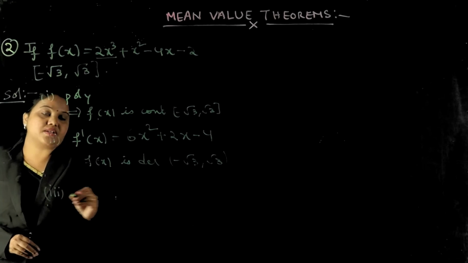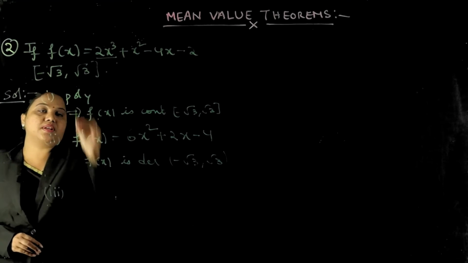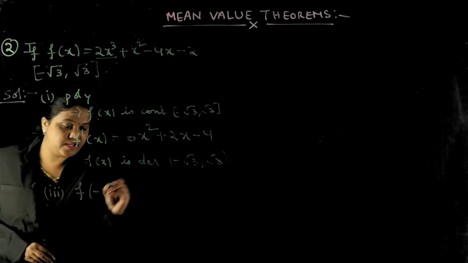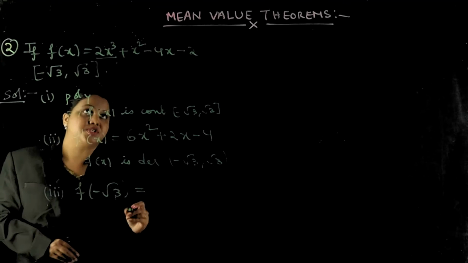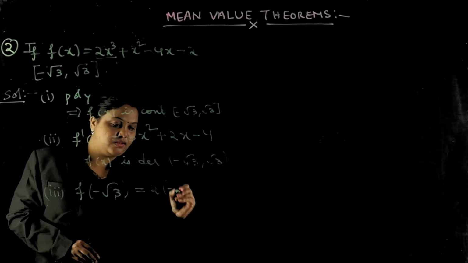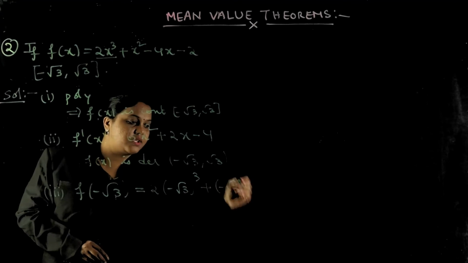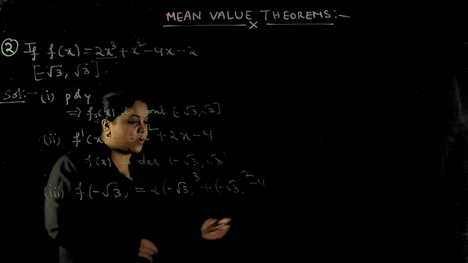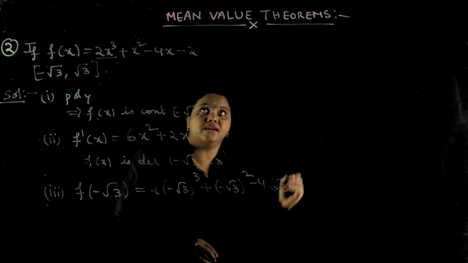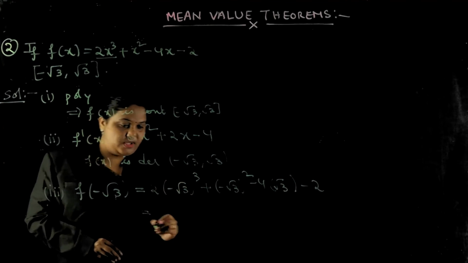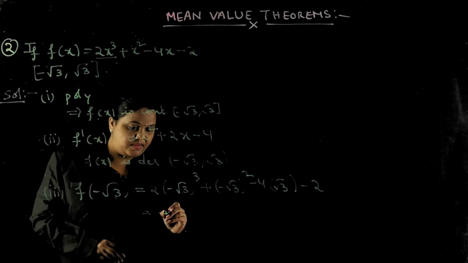Third condition means I should check for these two whether f of a is equal to f of b or not. So f of -√3. Just simply substitute in this one. So 2 into -√3 cube plus -√3 square minus 4 into -√3 minus 2. After doing the calculations, what I will get?